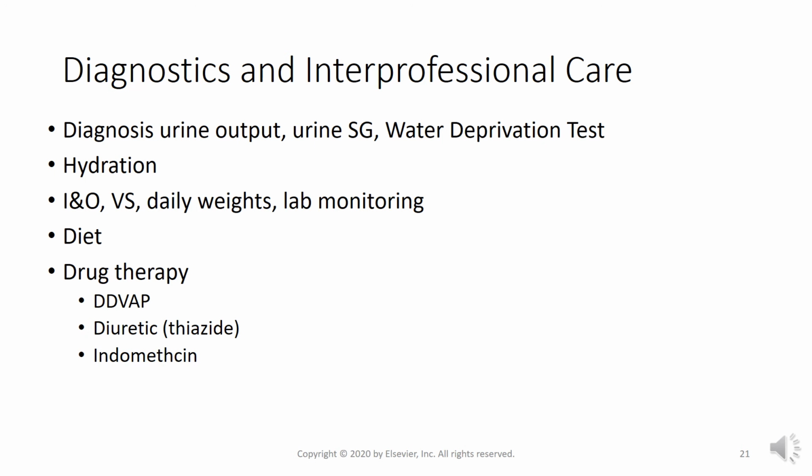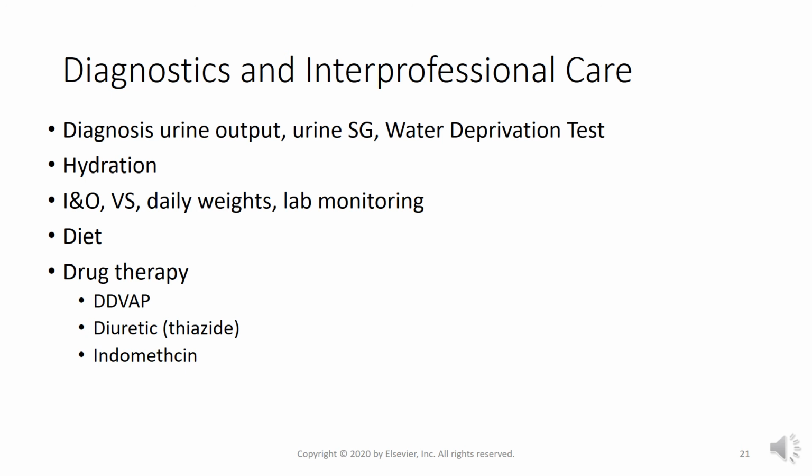In a case where they're unsure if it's a central cause or a nephrogenic cause, so if there's a problem with the brain or the kidneys, that's when they would do a water deprivation test. This test would be done in an inpatient setting. Fluids are held for a number of hours, and then a synthetic form of ADH, desmopressin or DDAVP, would be administered IV, and then the client's urine output would be monitored.